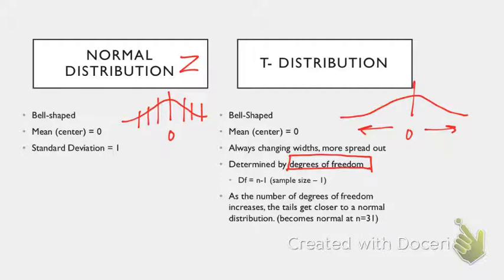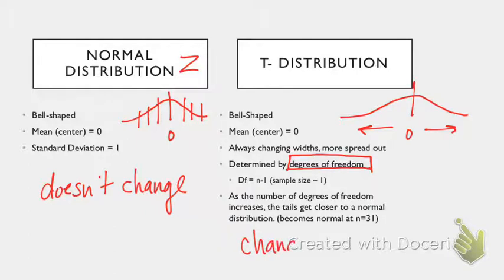Okay, so when we talk about the normal distribution, it does not change. It's always set. But the T distribution changes based on sample size.